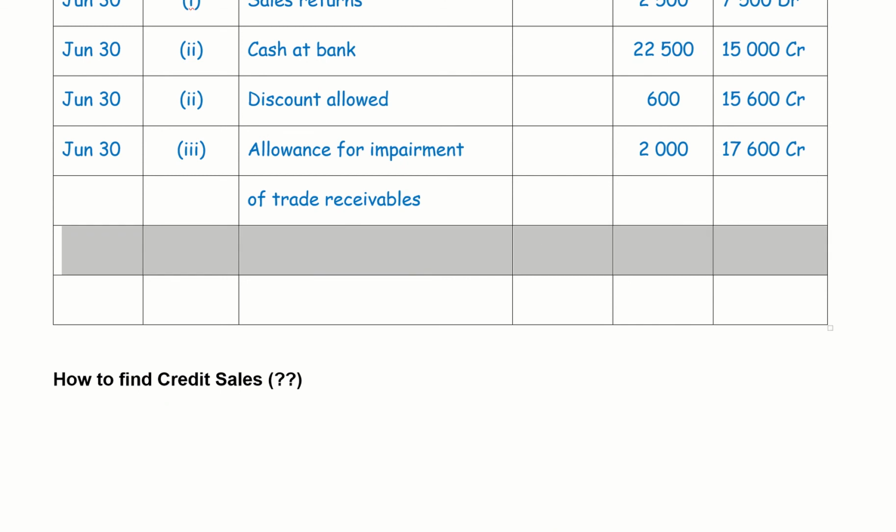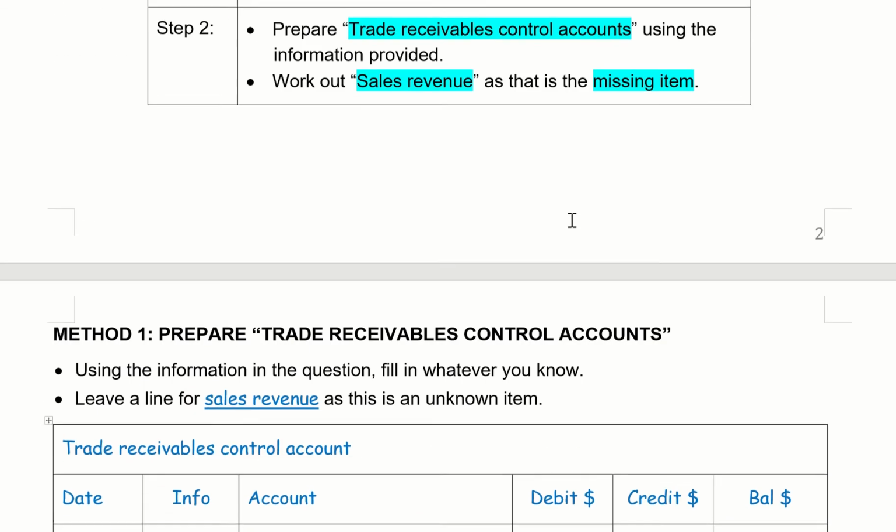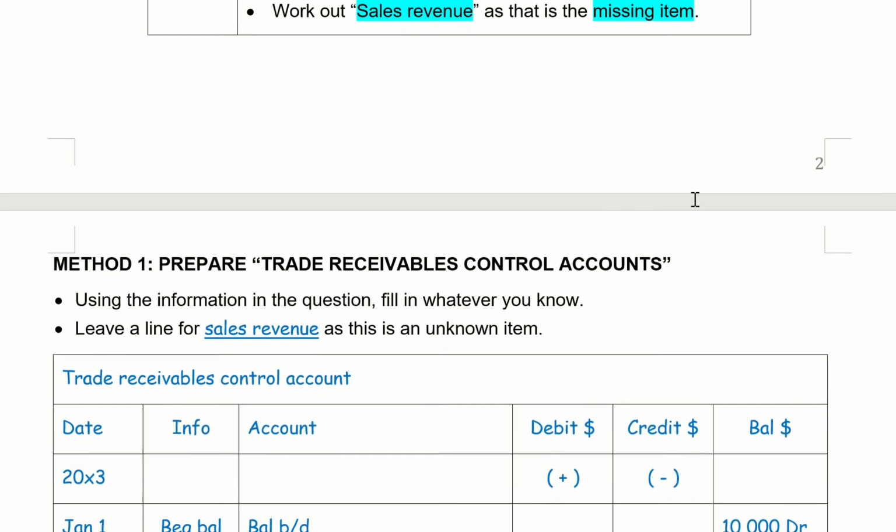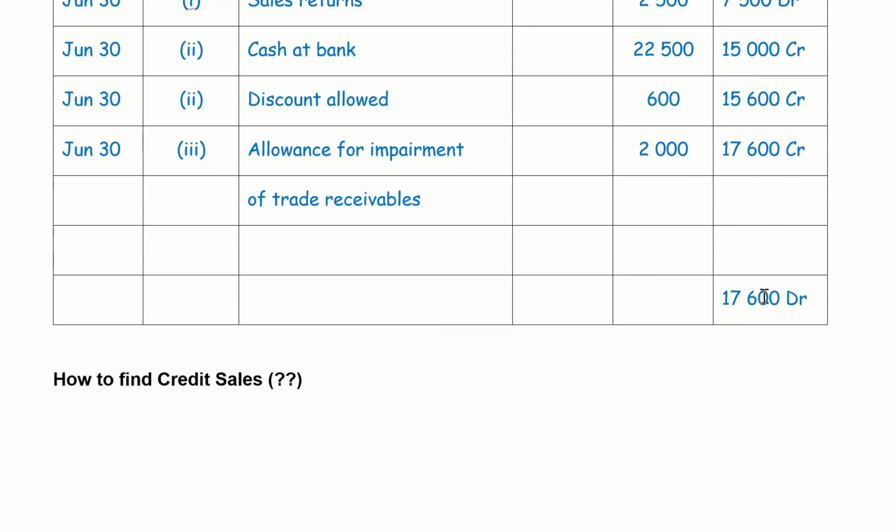This is going to be our sales revenue. Now, this is how we are going to record our ending balance. Is it 17,600? No. Ending balance is $15,500. So that's what we are going to record.